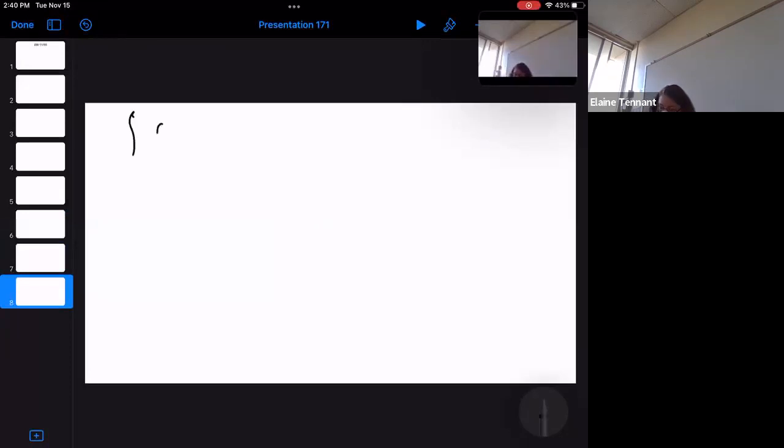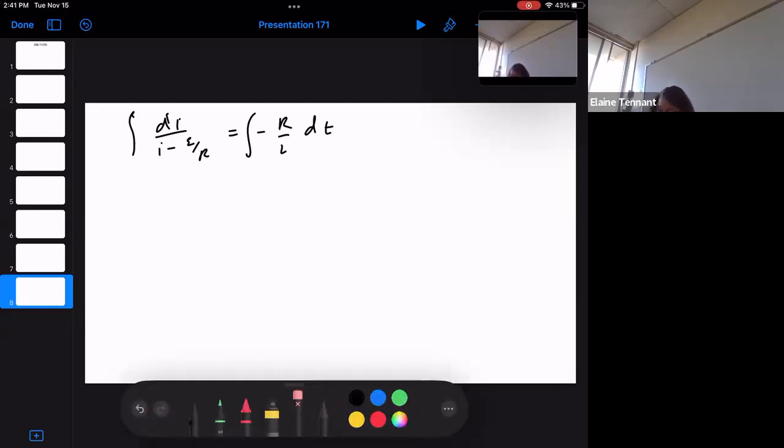So I'm integrating di over I minus battery over resistor, and I'm integrating R over L dt. Okay, this looks good. Let's put some limits on this. So I'm going to start my time.